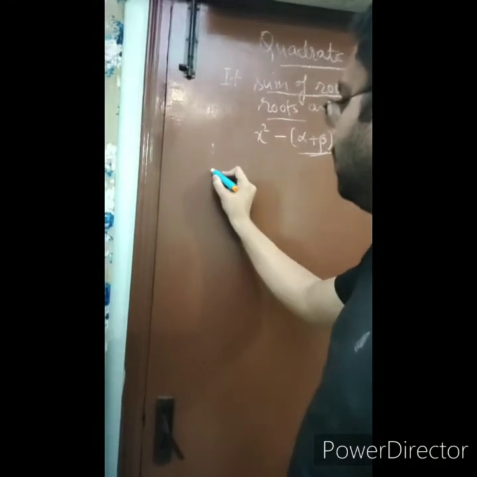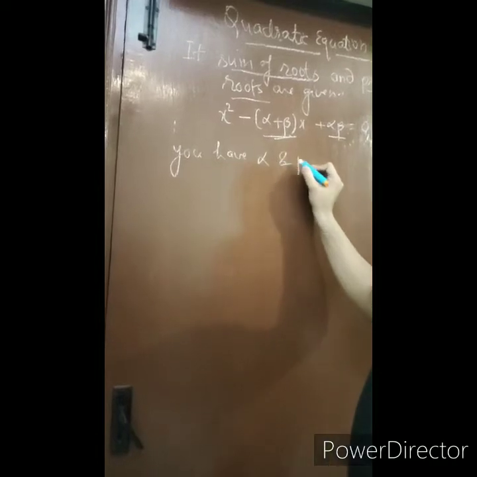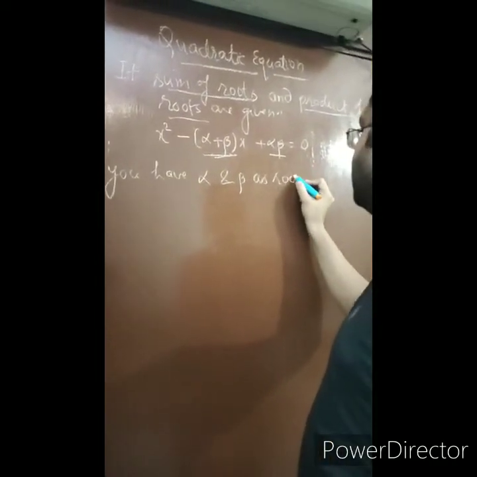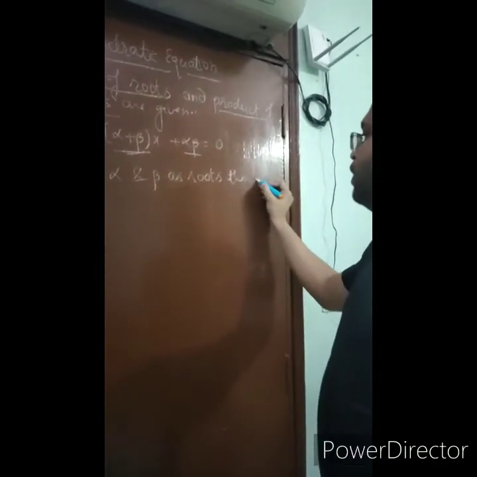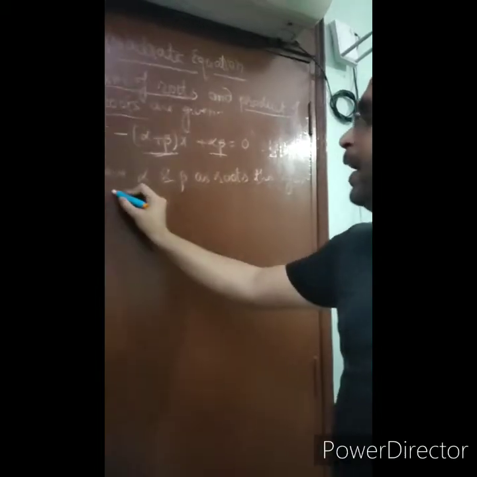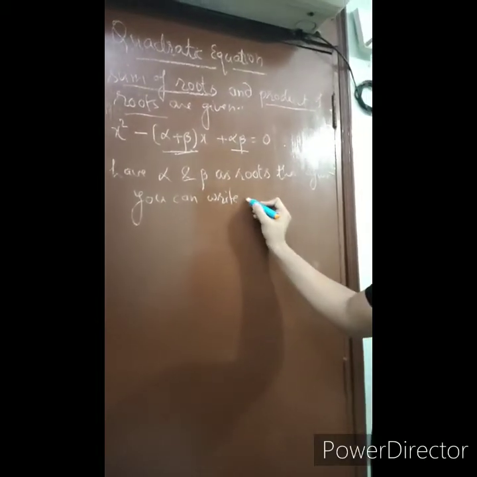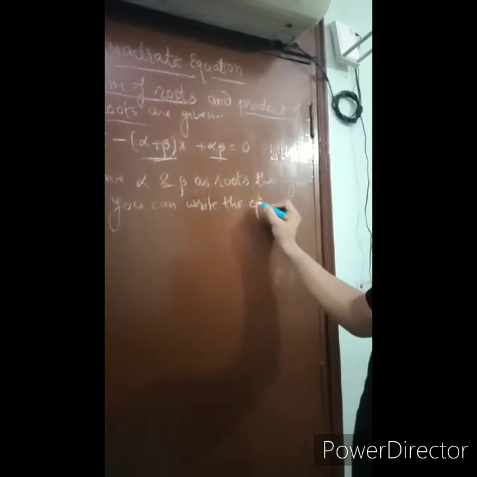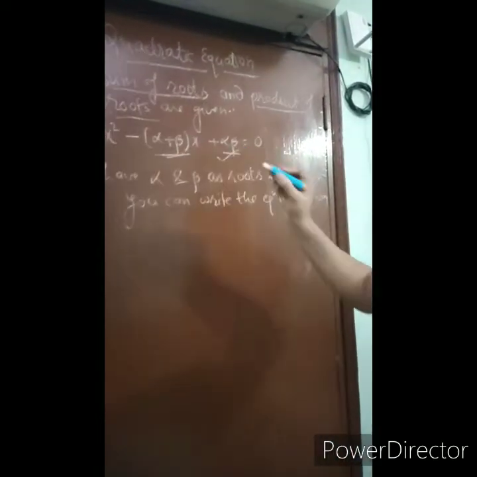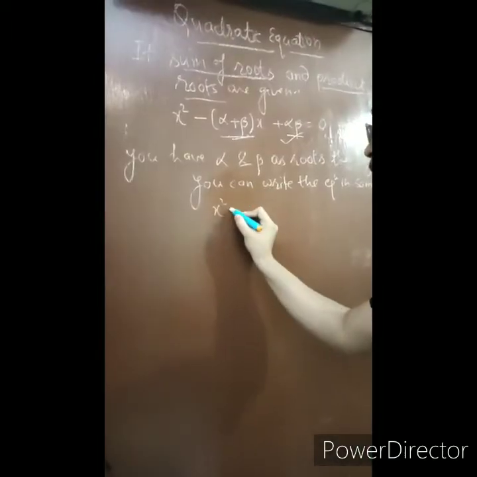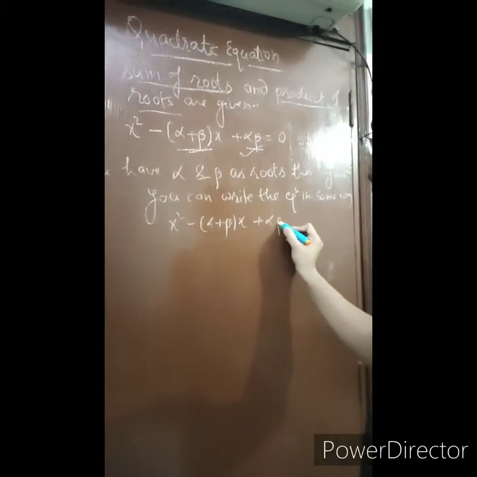Sometimes you have alpha and beta as roots, then again you can write the equation in the same way, like this one, x square minus alpha plus beta into x plus alpha beta becomes equal to 0.